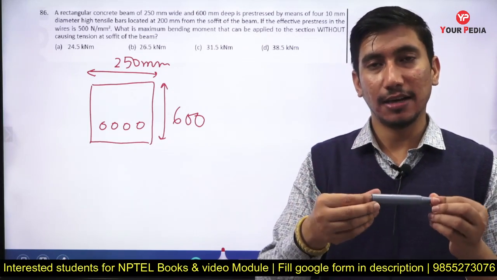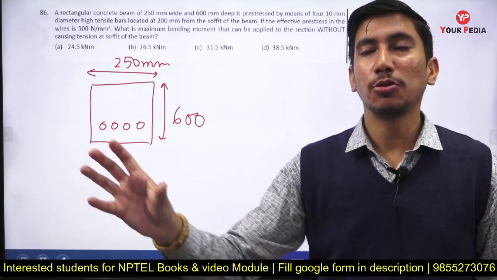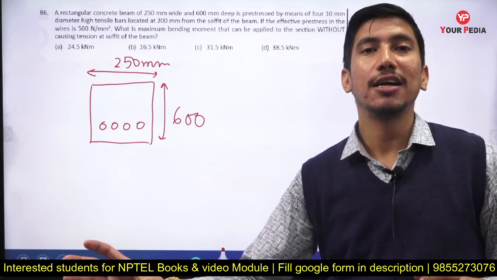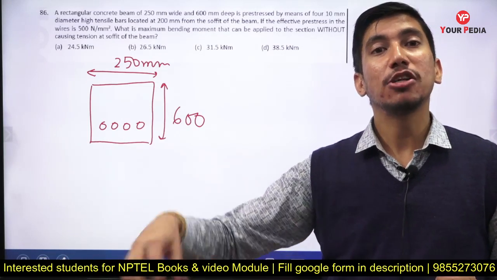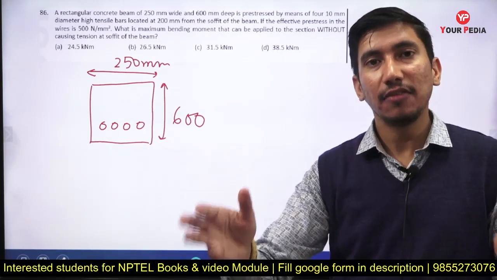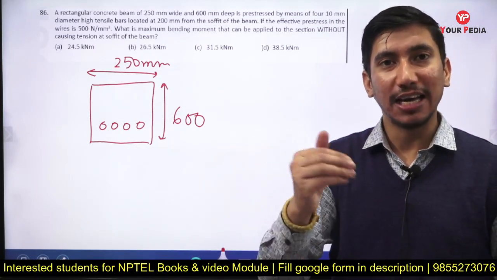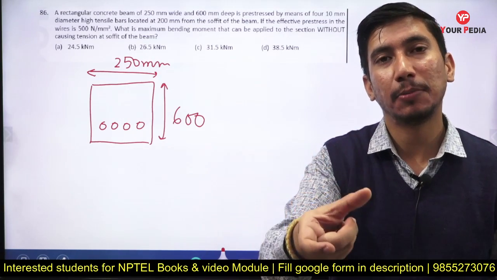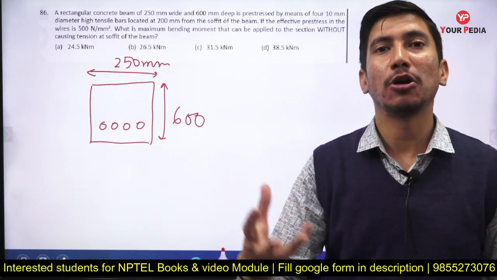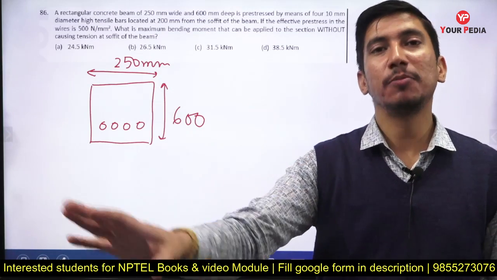So we stress them up to this level, so that even if 200 or 300 Newton per millimeter square is lost due to certain losses, we still have a sufficient amount of pre-stress with us. But if I use mild steel, the permissible value of stress is basically 140, 130, and out of this 140, 130, all will be lost only.